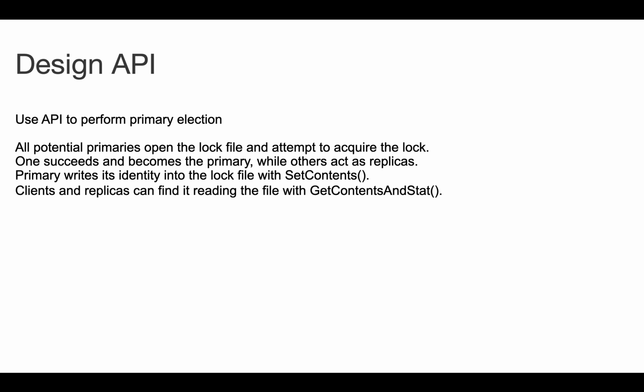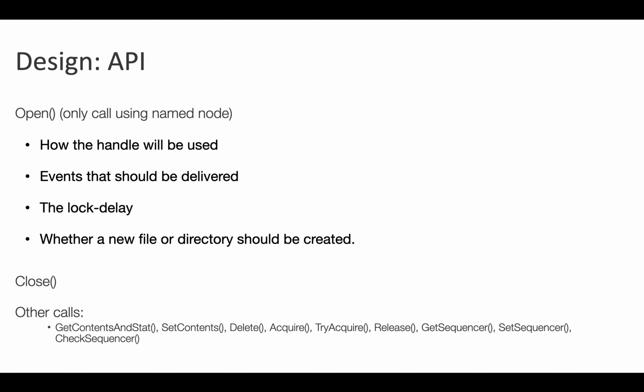Now, when it comes to design, we're going to talk about the API. The API is used to perform a primary election. There are different clients and different function calls that could be made.